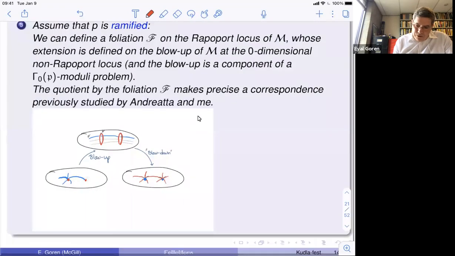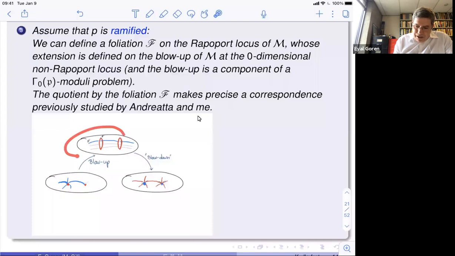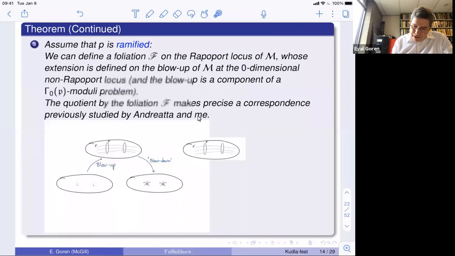And in fact, once more, this is part of a gamma 0 P type of moduli problem. I think it's actually very much related to so-called those splitting problems studied by Papas and Rappaport. And the foliation is serving us also in this sense, that here I put this blowdown in quotes because it's not really a blowdown. To get a precise description of it, what happens is that you have something that looks very much like that, and you have a map from one going to the other, which is dividing by this foliation.